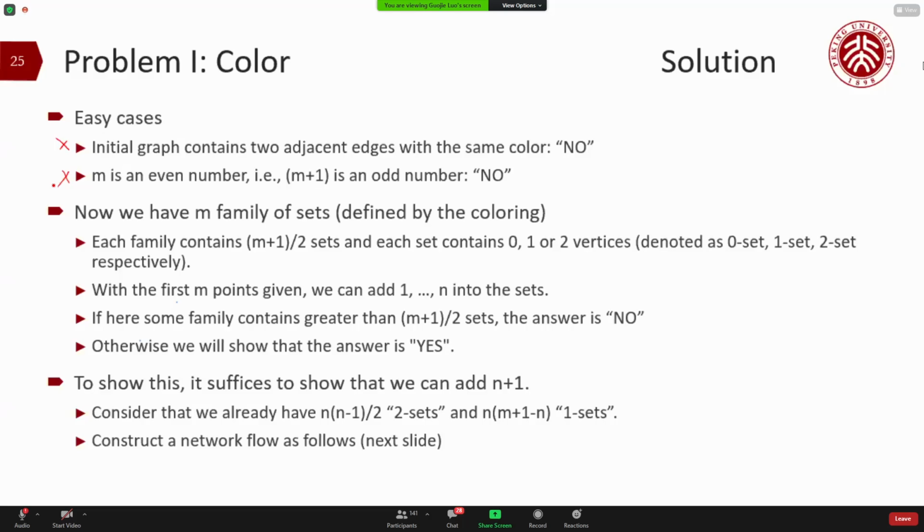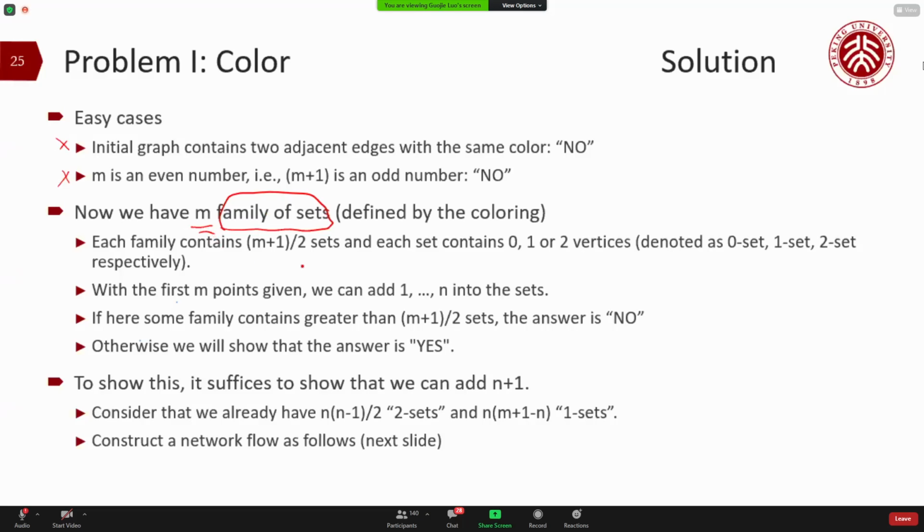And in other cases, now we have m families of sets defined by the coloring. So we have m colors, and each color defines a family of sets. When two vertices are connected by an edge of that color, they are in the same set.